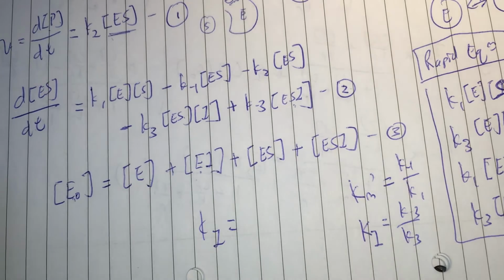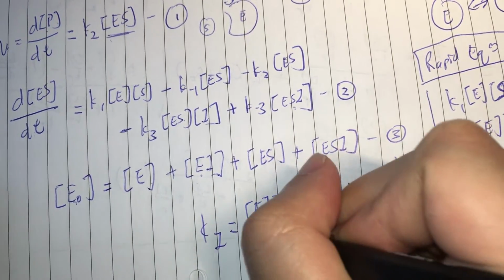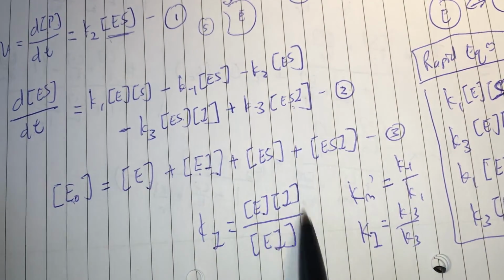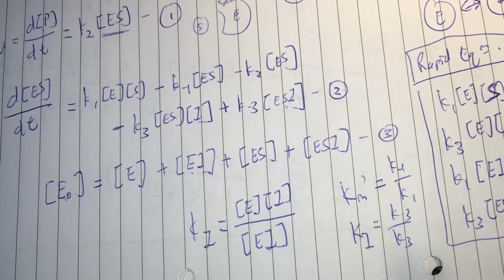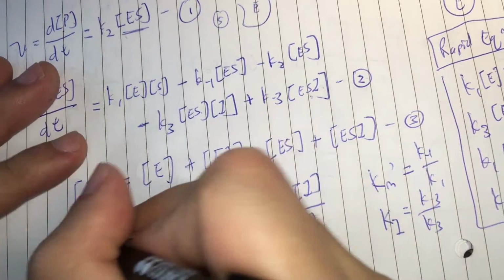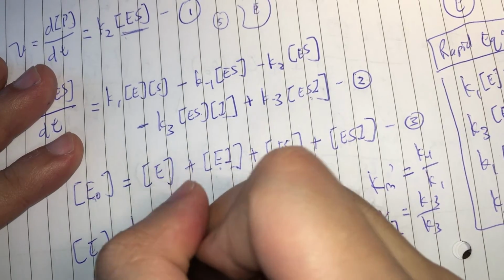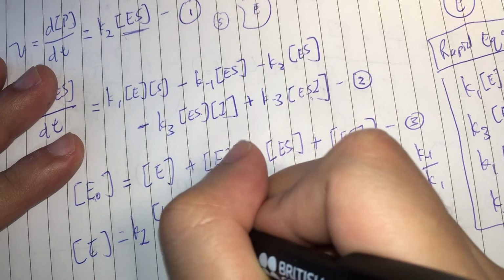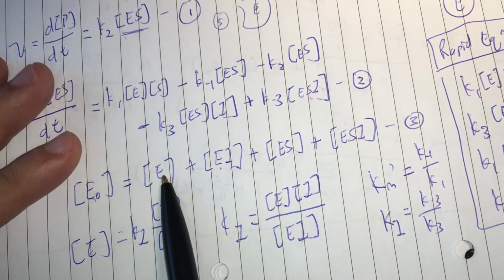Ki equals E times I over EI. So I can substitute here: E equals, in this case, Ki times EI divided by I. So I can substitute this here.